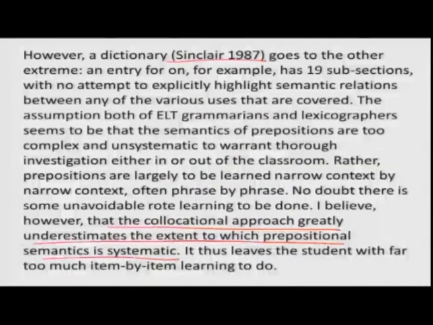The author's point is that the previous approaches encourage a lot of rote learning, and they do not seem to recognize that prepositional meaning is to some extent systematic. Only what is needed to make this point is mentioned in this review of research.